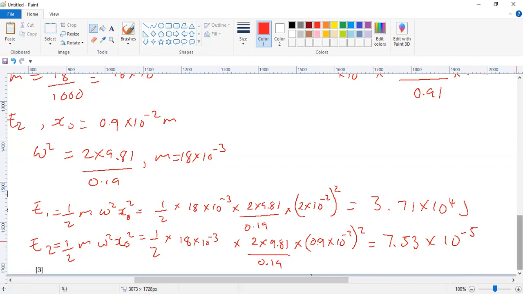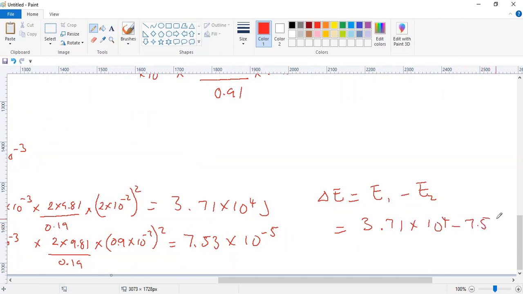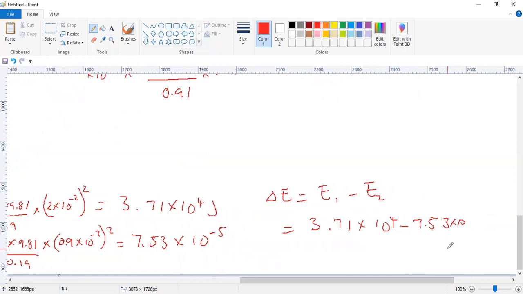Okay. Now, change in energy is equal to E1 minus E2, which is 3.71 times 10 to the power minus 4 minus 7.53 times 10 to the power minus 5. What would that give us?